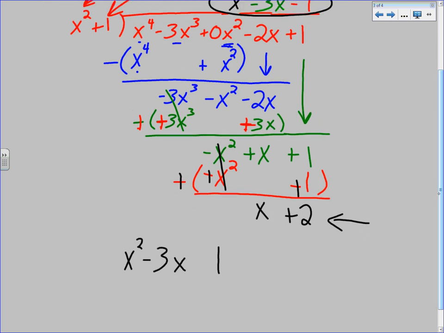Yes. Now, our remainder, we're going to say plus x plus 2. Remember, it is part of a fraction, so we're going to put it in a fraction. Which one was the denominator? The denominator was right up there, x squared plus 1. And so we're now finished.